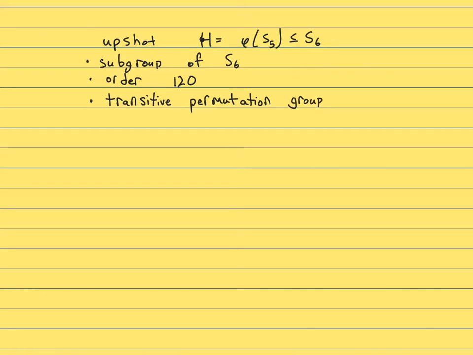Which of course is supposed to mean for any x in the set 1 through 6, and any y, there exists a sigma in this group with sigma x equals y.